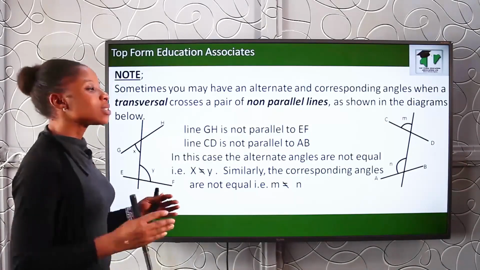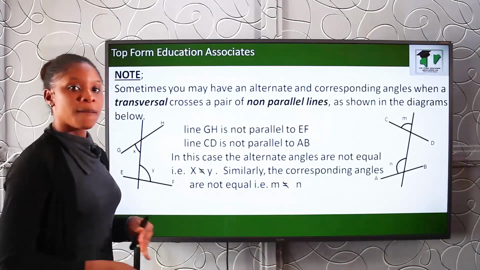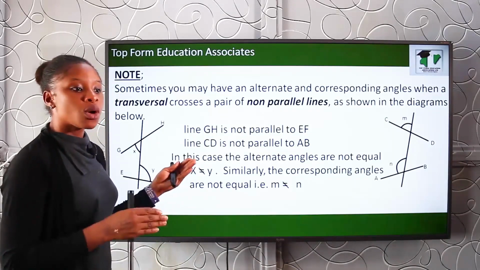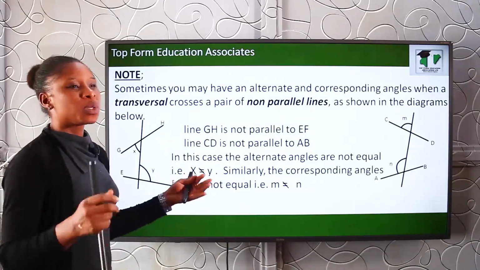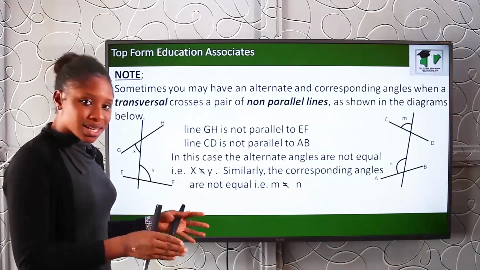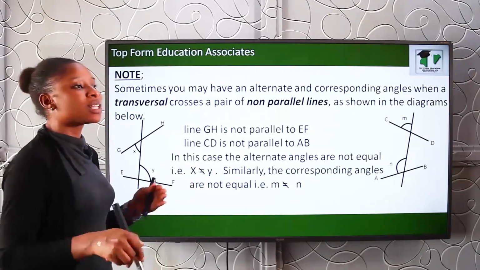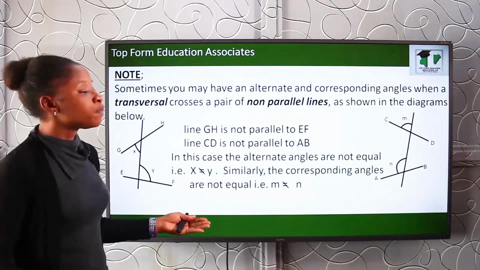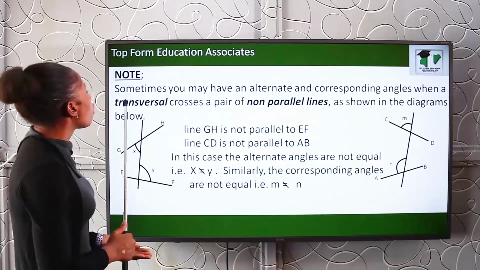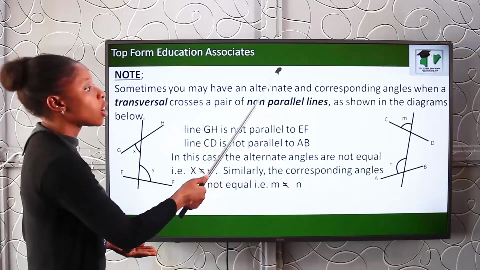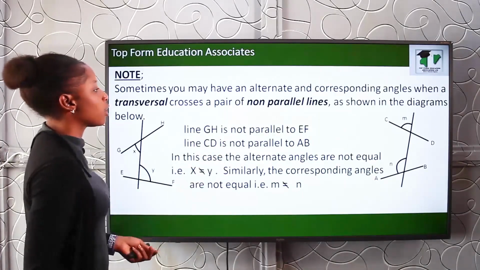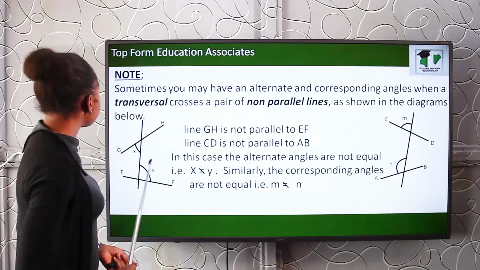We said they can be formed when a transversal crosses a pair of parallel lines, and that the alternate or corresponding angles formed are always equal. Now look at this. When a transversal crosses a pair of non-parallel lines, we can get alternate or corresponding angles. Now look at these diagrams.